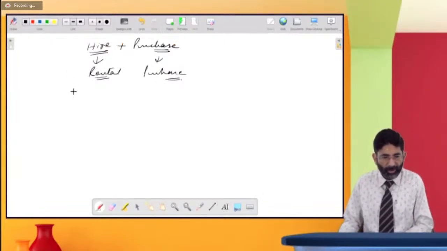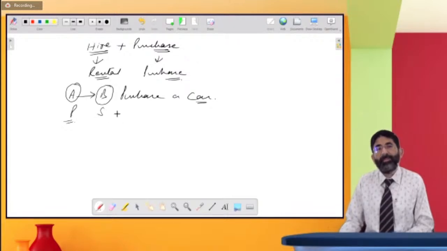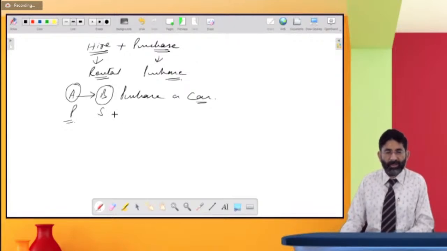A has gone to B to purchase a car. B is the seller, A is the purchaser. A tells him that I am interested to purchase a car.